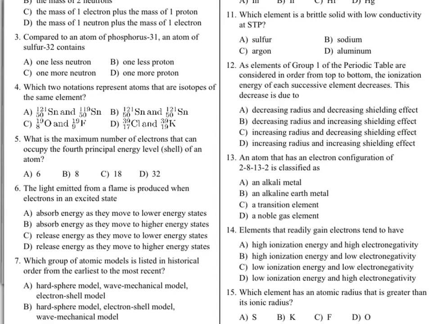In question number 11, we are looking for a brittle solid with low conductivity at standard temperature and pressure. So when I see low conductivity, that means we're looking for a nonmetal. So let's pull up our reference table and see which elements are nonmetals.